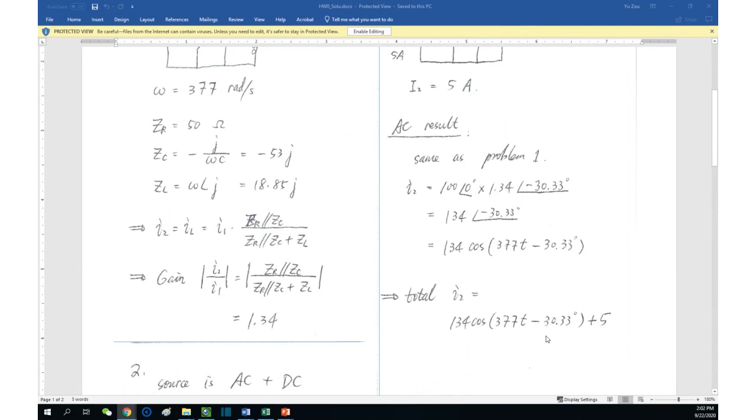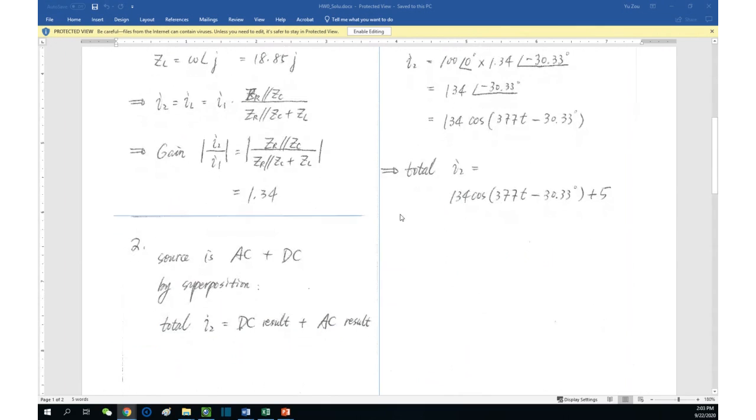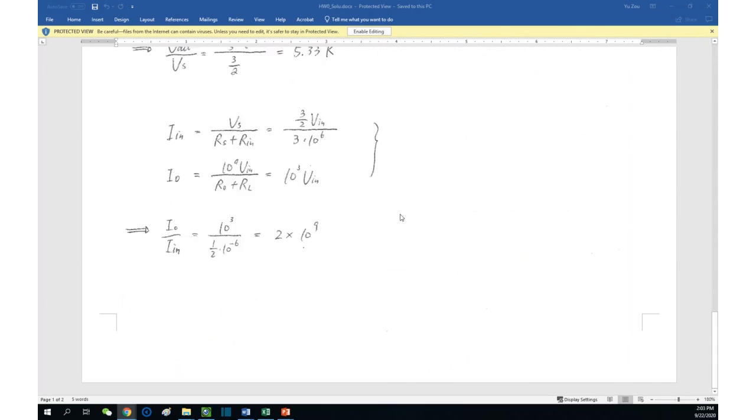You can't do any further combination between these two, because combining one DC and one AC doesn't make a single AC. DC plus AC won't give you AC; it remains DC plus AC. This is how we interpret problem 2.